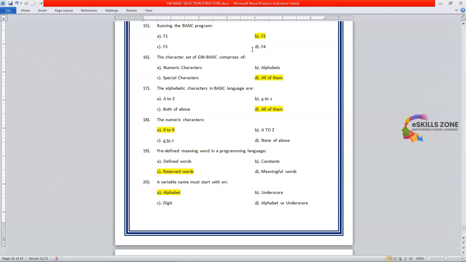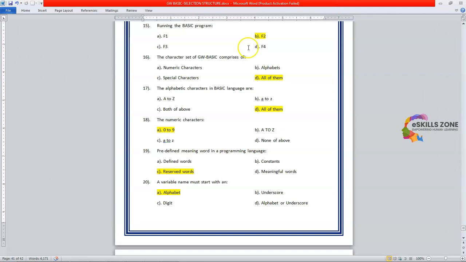Yes viewers, by pressing the function key F2 you can run a program and get the output of it. So by pressing the F2 key, the code written in the high-level programming language is executed and translated from high-level language to low-level or machine language, and you can see the output on the screen.